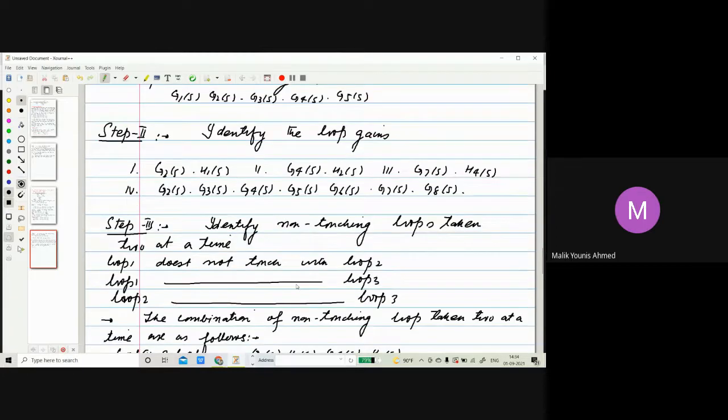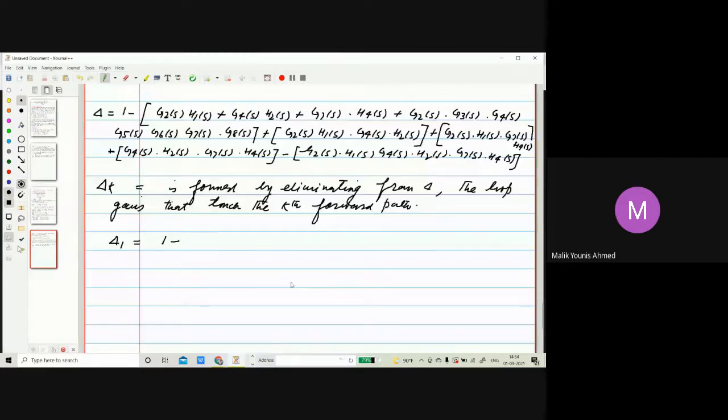So how do we have to write it? What is the simple way to write it? The way to write is 1 minus G7 of S and H4 of S. So this is the way to write it.